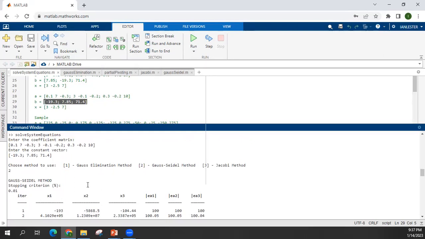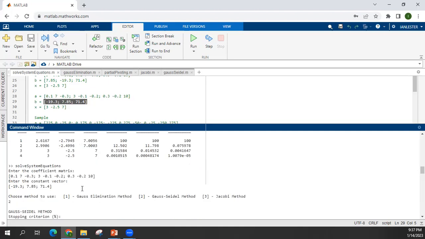Do you remember what I said in the lecture video? The necessary condition for Gauss-Seidel to converge is that the system has to be diagonally dominant. For this one, A11 is 0.1, and that's less than the sum of the other two. A22 is negative 0.1, so the magnitude is 0.1, still less than 3 plus 0.2. A33 is greater than 2, but all in all, this matrix is not diagonally dominant.